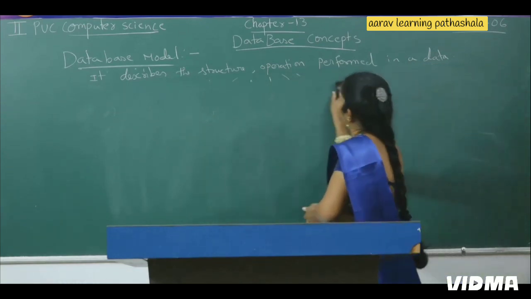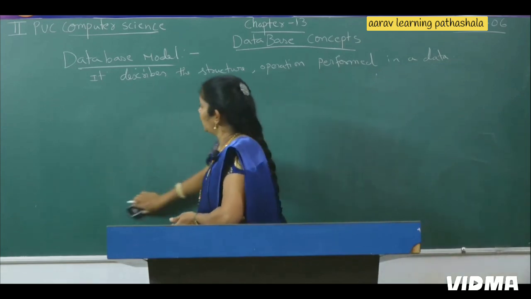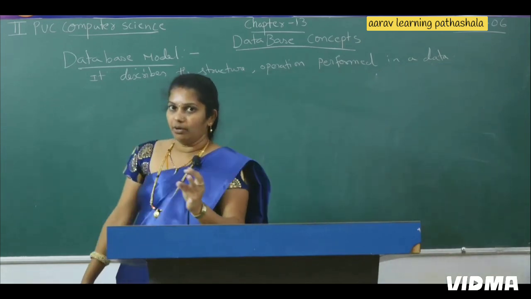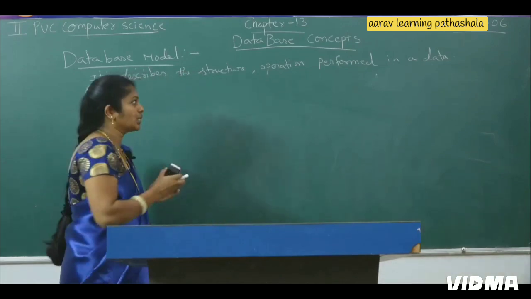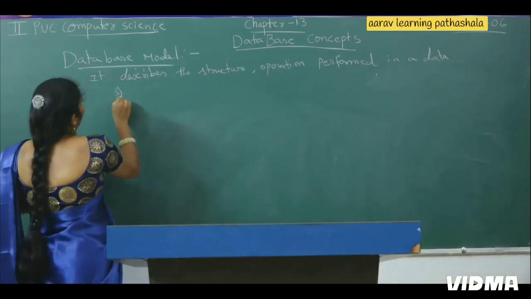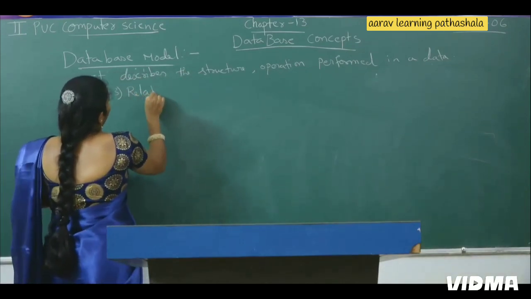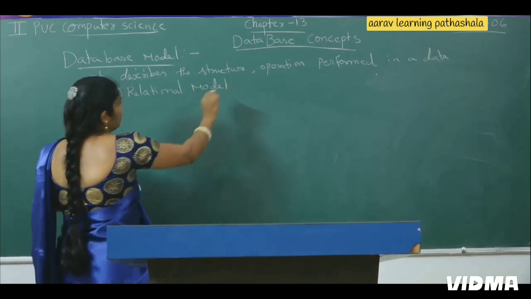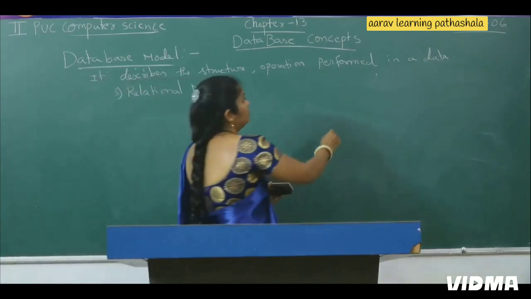When you come to the database model, I told you three types: one is the hierarchical model, the network model, and the last one is the relational model. I am going to explain the relational model with one diagram.